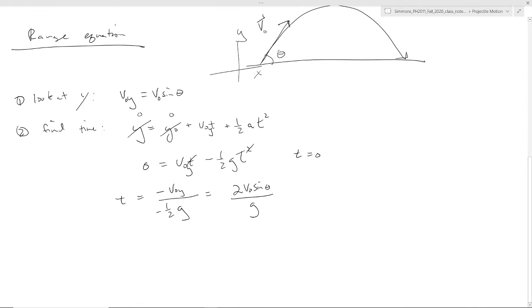So if we know the time, then what do we do? We can find the range. Now for the range, we need v naught in the x direction as well. Recognize that our v naught x would be v naught cosine theta. And then our range would be v naught x times time.